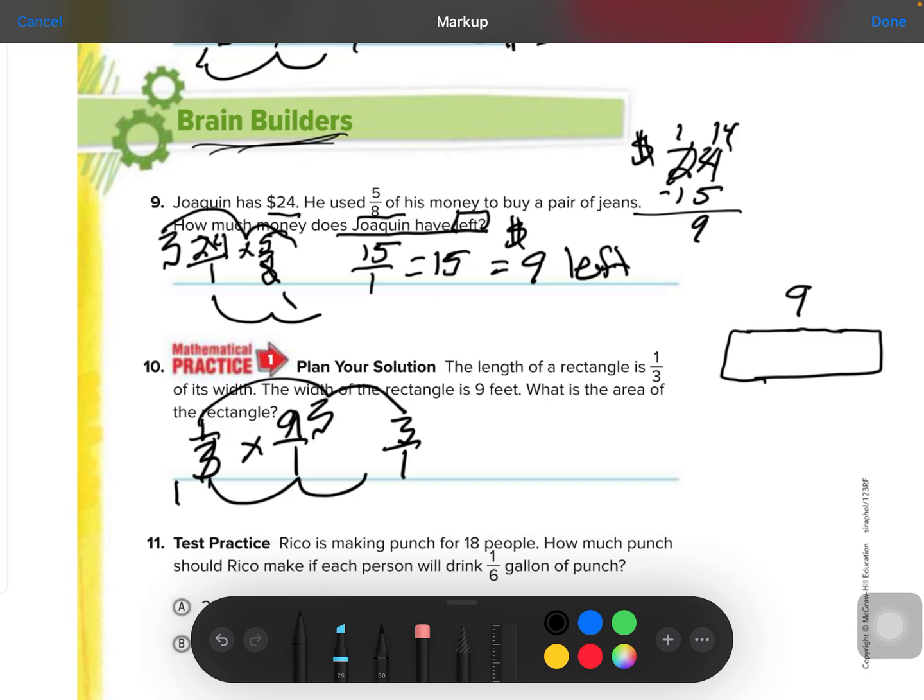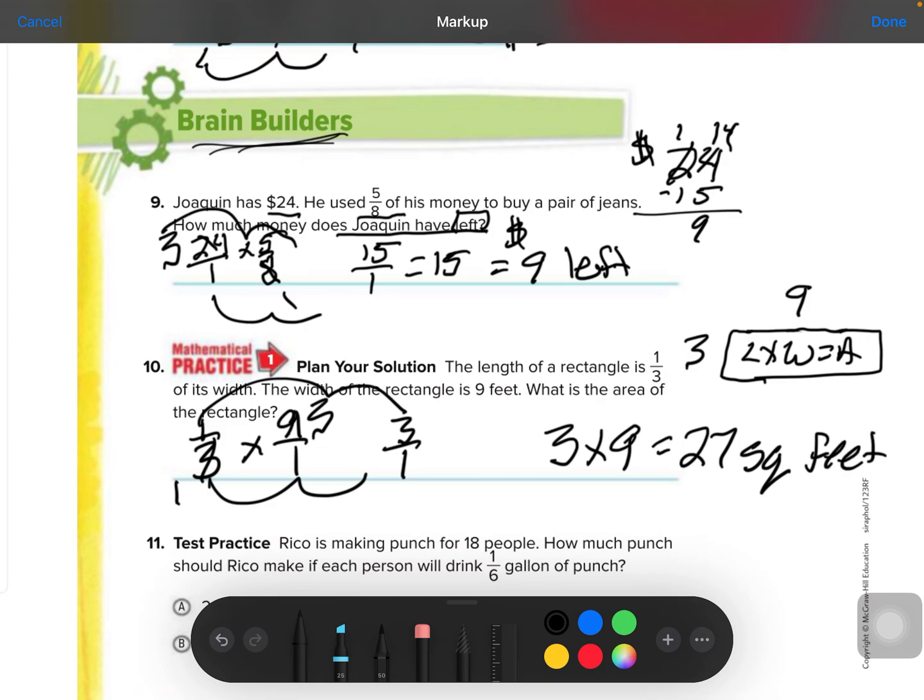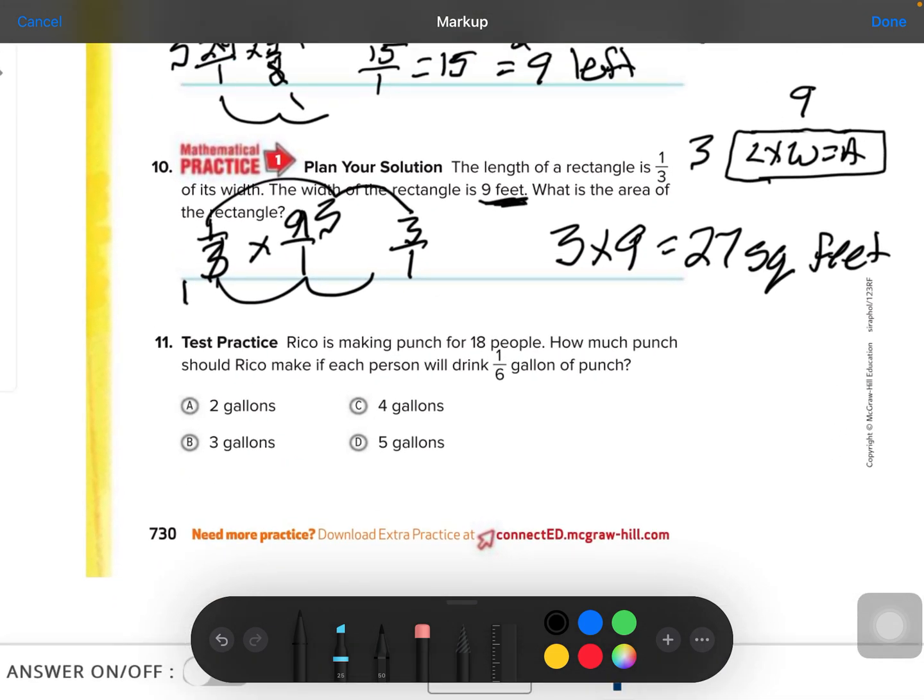So now I can take my eraser, and we now know what this other measurement is. It is 3. So now to find the area, we do length times width equals area. So we do 3 times 9 and know that that equals 27 square feet, because that's what we're measuring, feet.